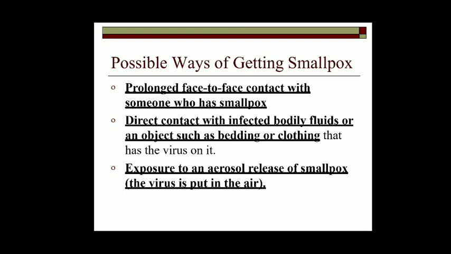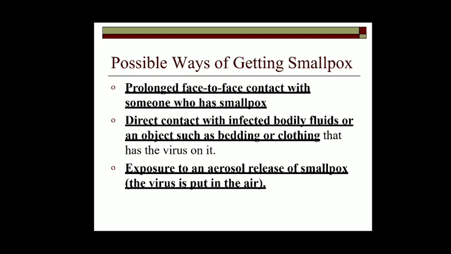So what are the ways of getting smallpox? How can our body get smallpox? First, prolonged face-to-face contact with someone who has smallpox. If somebody has smallpox and you are talking to them for a prolonged time, with proper facial contact, it will directly infect the other healthy person.